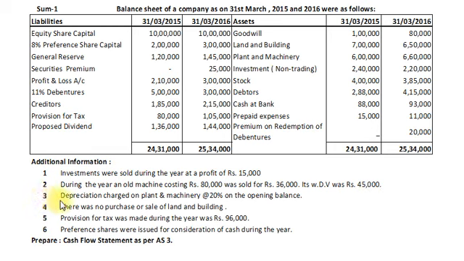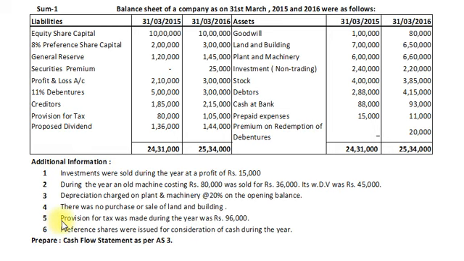Number 3. Depreciation charge on plant and machinery at 20% on the opening balance. Number 4. There was no purchase or sale of land and building.